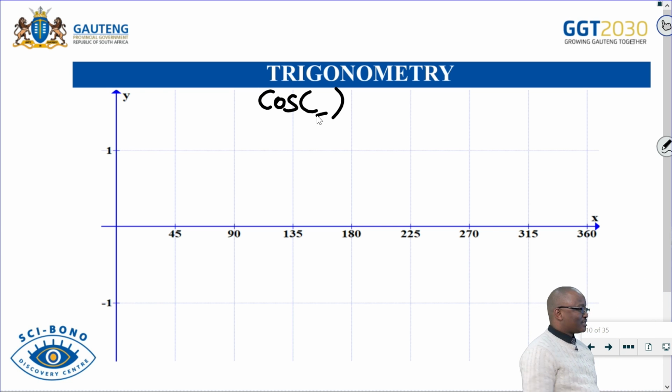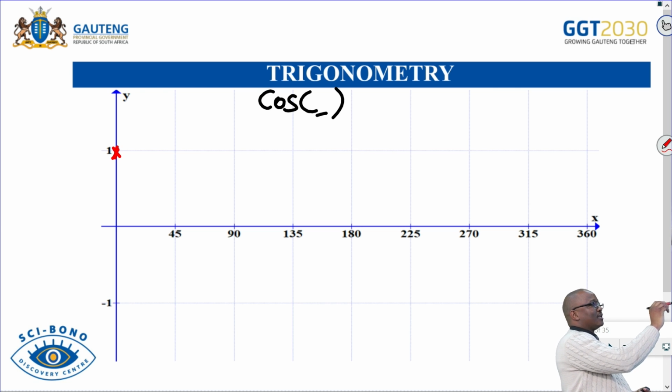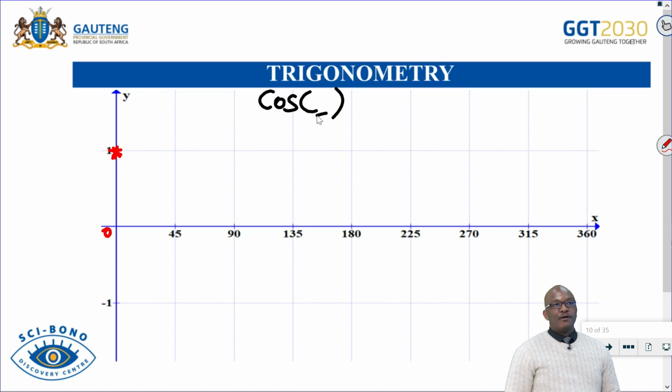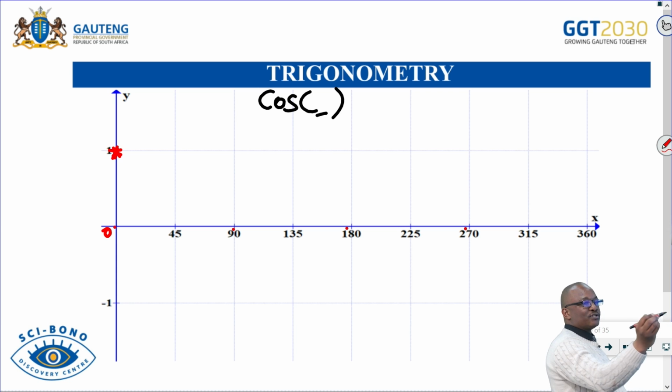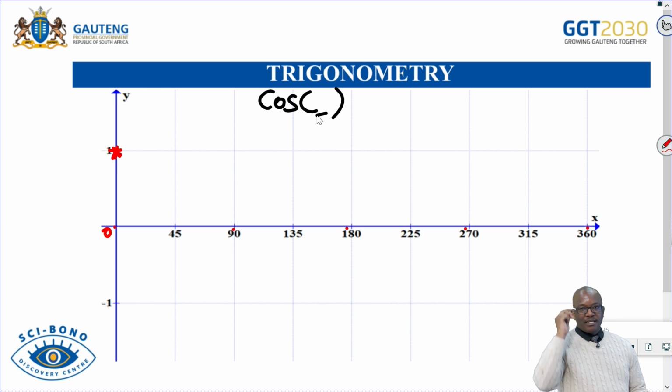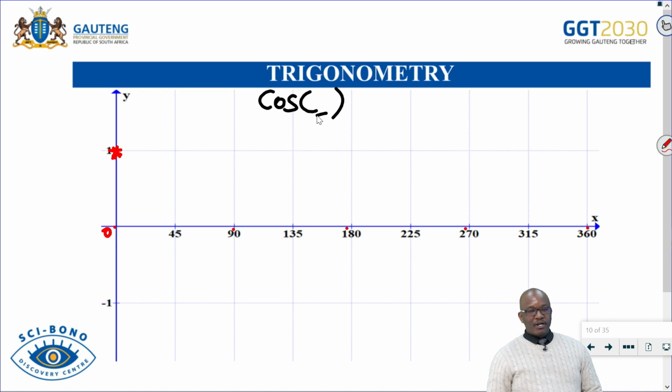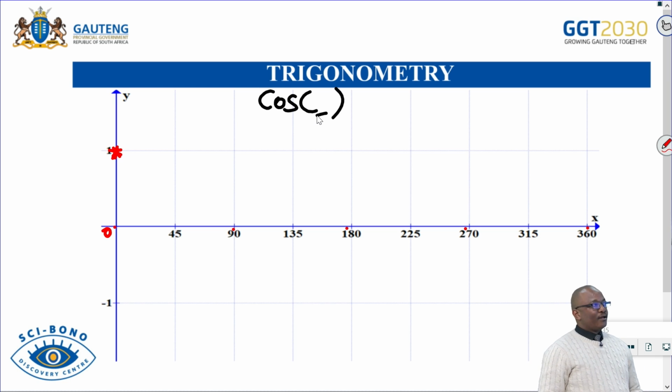When you substitute 0, you will get 1. That is how we sketch the graph of cos. Then it says 0, 90, 180, 270, and 360. Those are the values that we are going to use on our axis. If we substitute 90 now, you will get 0.